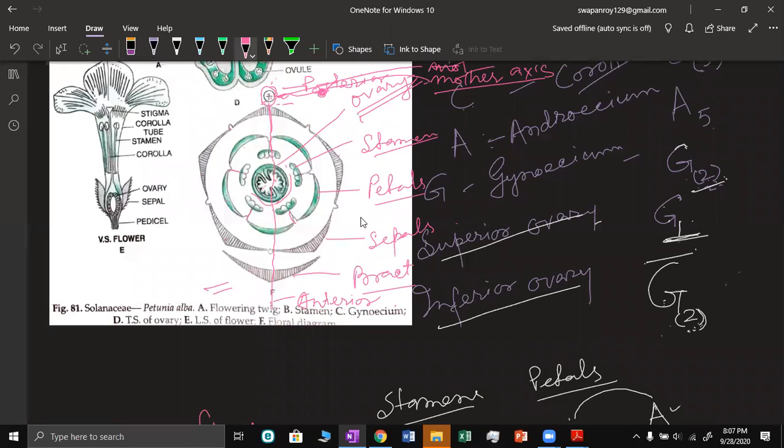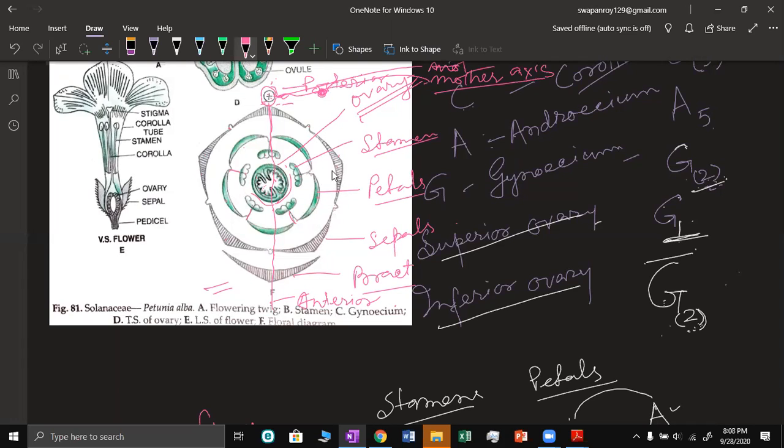So from this diagram, what are the things I can say? I can say that the flower is bracteate. It is a complete flower because all the four whorls are there. It is actinomorphic, it can be divided from all sides. Sepals are 5, gamosepalous, and valvate aestivation.